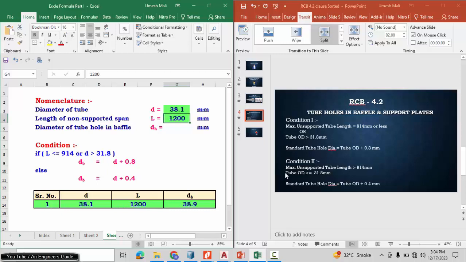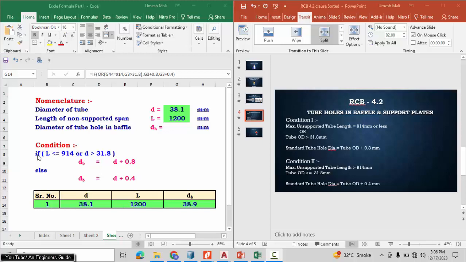So guys, here we have seen that our formula is satisfying condition 1 and condition 2. Now let's check the formula. There are some conditions.